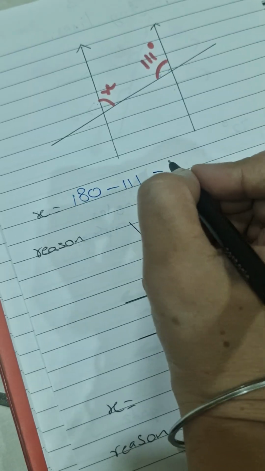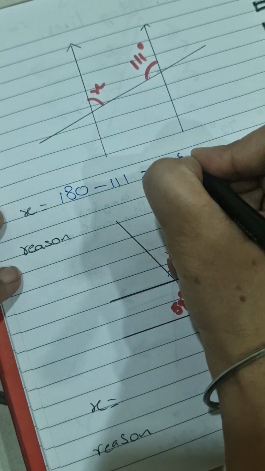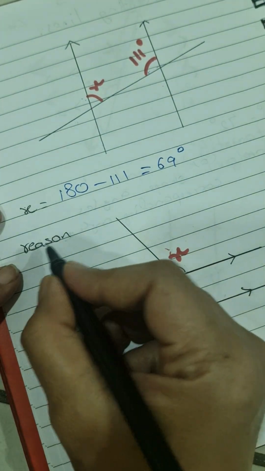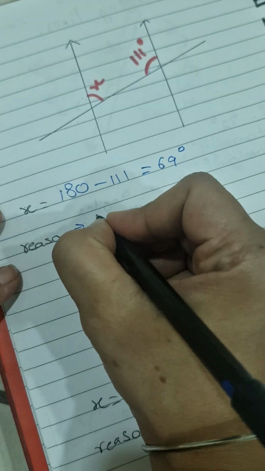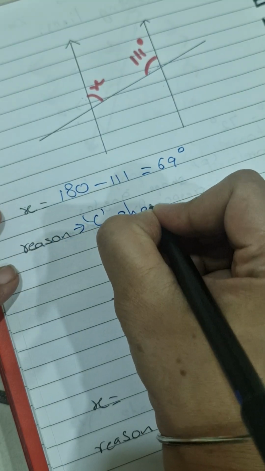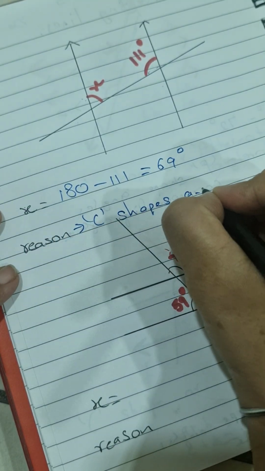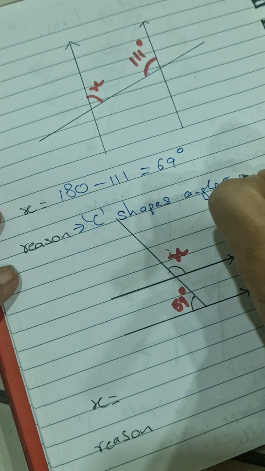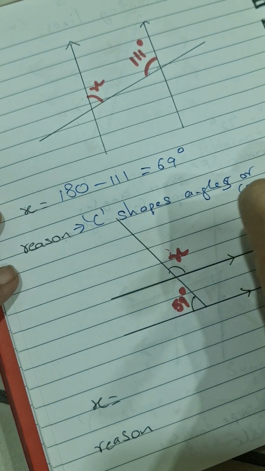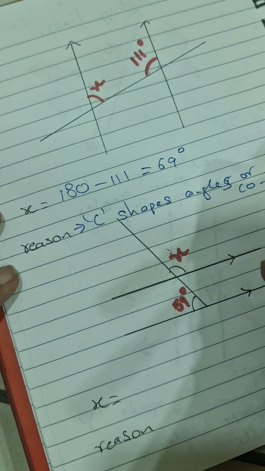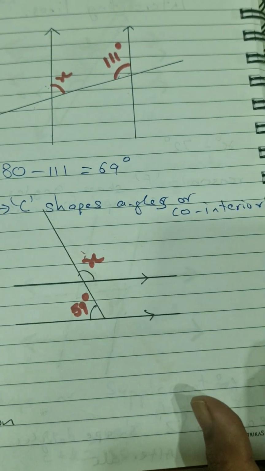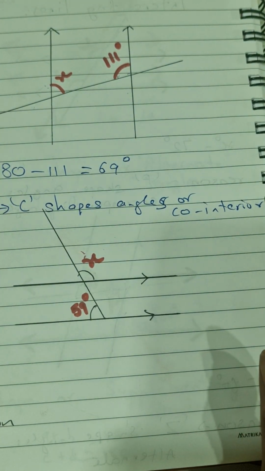When you subtract, you will get 69 degree. So if I am talking about the reason, you will say C-shape angle, or the other name is co-interior angle. Any one name you can write, children. It's not compulsory that you write both names.